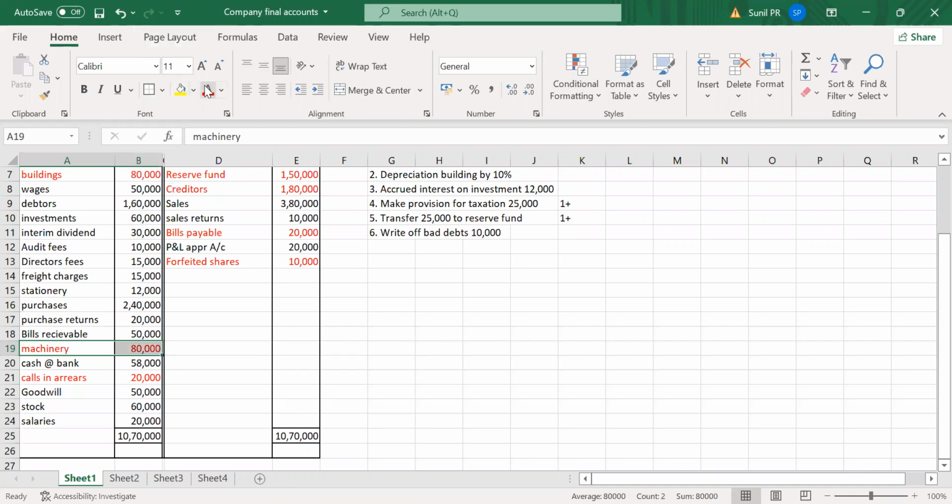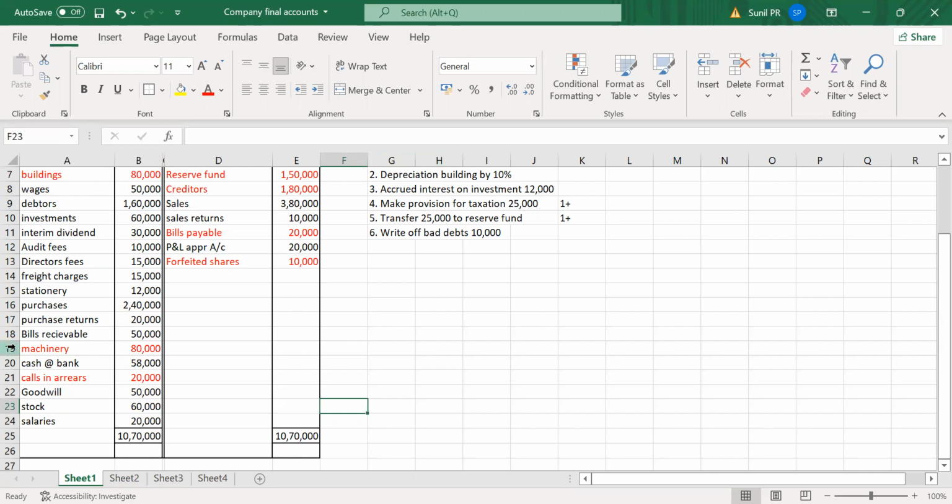And then there is stock, no, sir. Stock is not considered here. Stock is different. So first we'll finish this. Buildings, machinery. Any adjustment is there? Depreciation of building by 10%, sir. Yes, so depreciation will come in a different note. Depreciation will come in the income statement also, and in the assets also it will come.